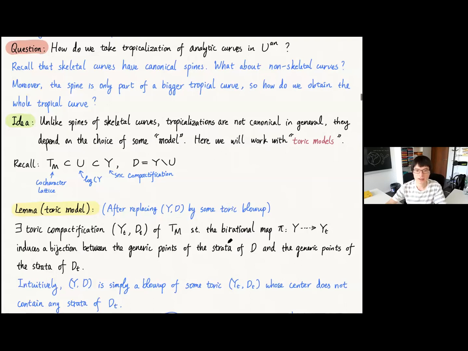Intuitively, this bijection means that (Y, D) is simply a blowup of some toric pair (Y_T, D_T) whose center does not contain any strata of D_T.